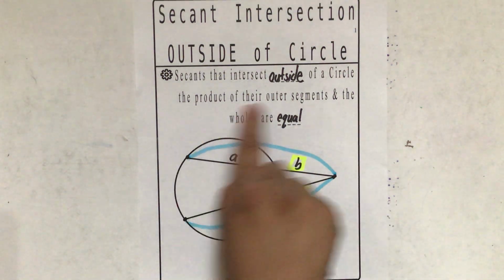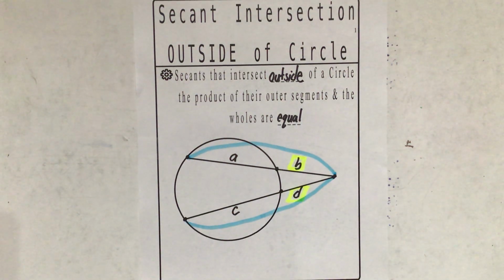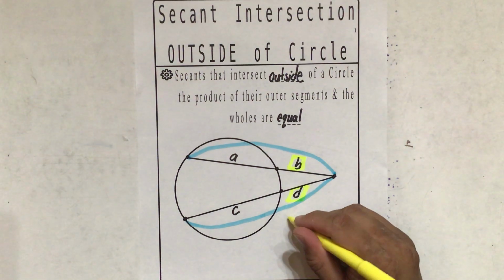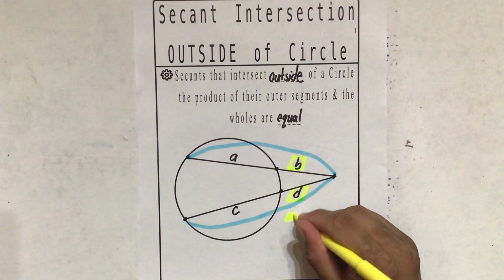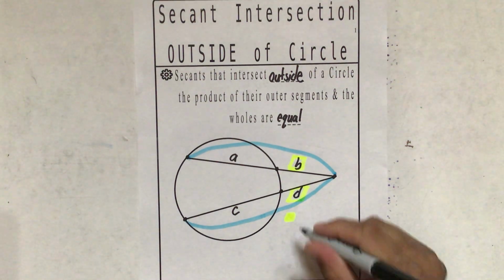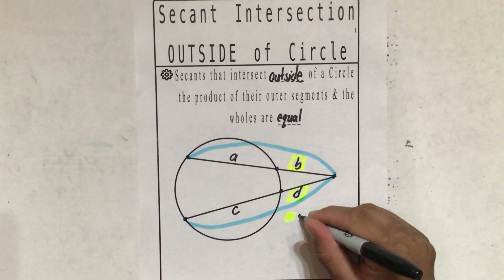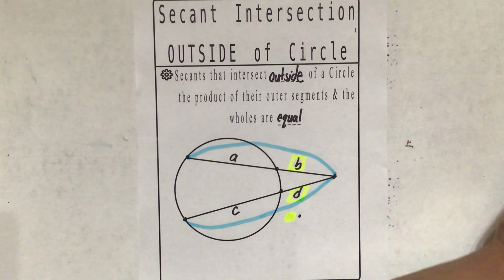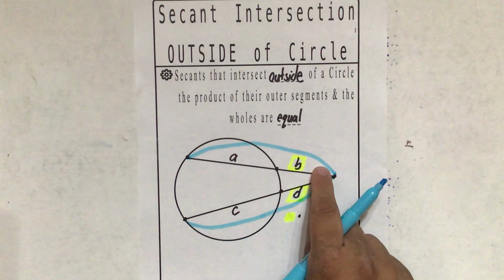So this says that the product of the outside, well, what's the outside? The outside is yellow, times the whole thing, right?